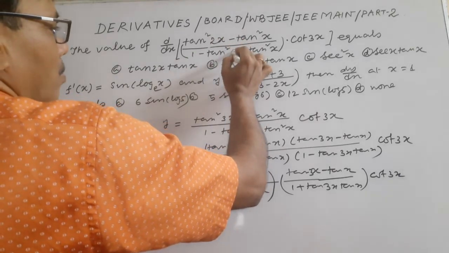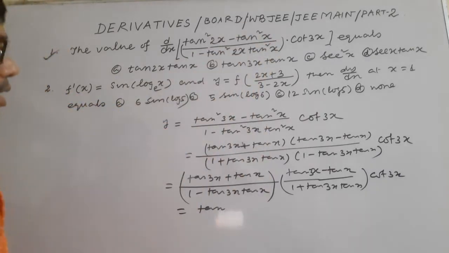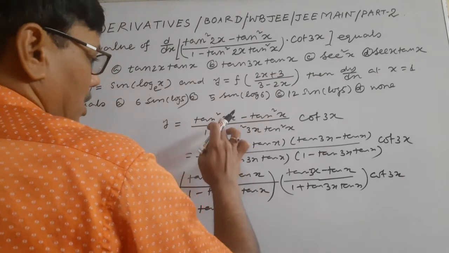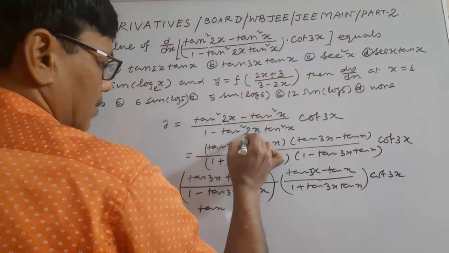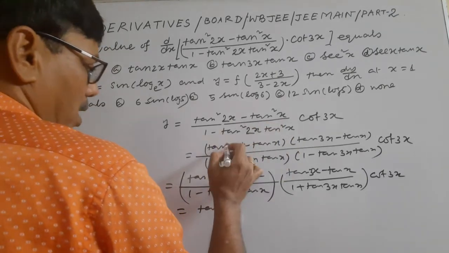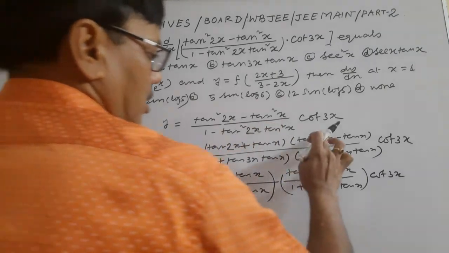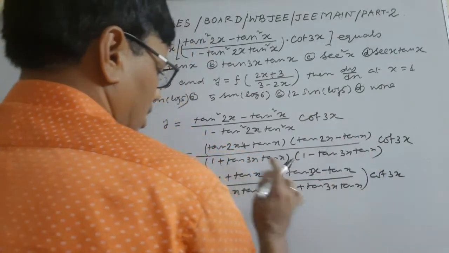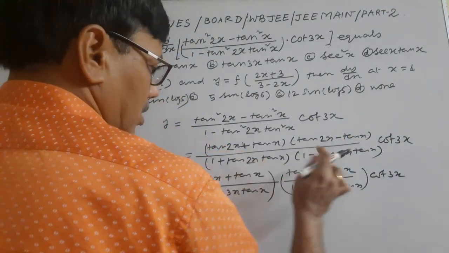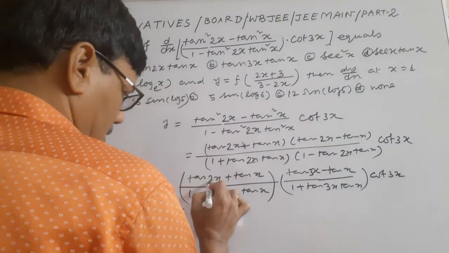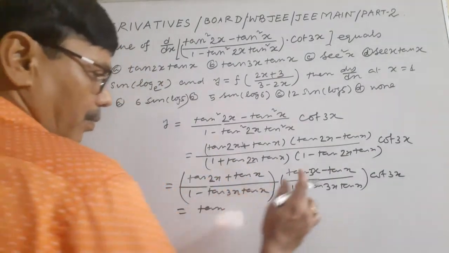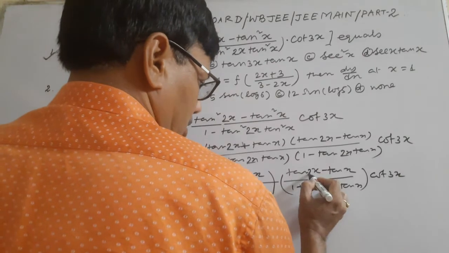So you simply correct it. This is tan 2x. This is 2x, this is 2x, this is also 2x.